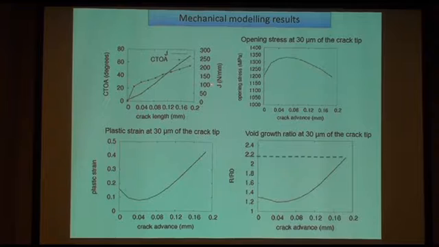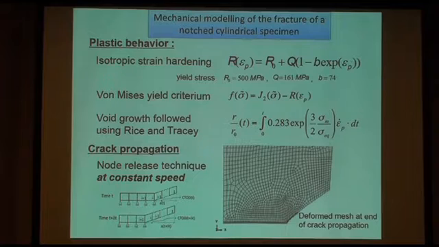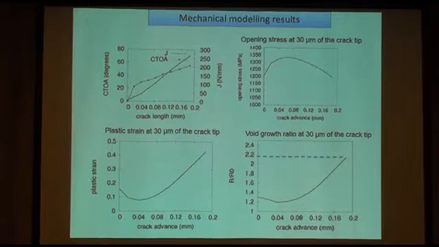And we also could look at the opening stress. The opening stress is taken in the first element of the mesh at the crack tip, and you see that along the crack propagation you have first an increase of the stress, reaching a maximum, and then decreasing again. And we also looked at the void growth ratio at the same place.